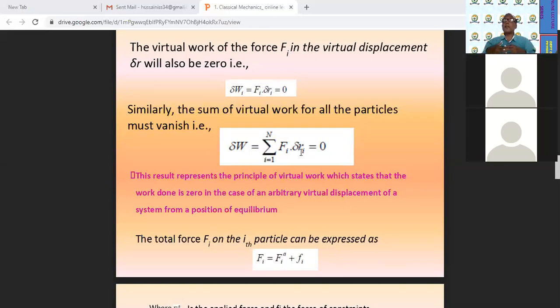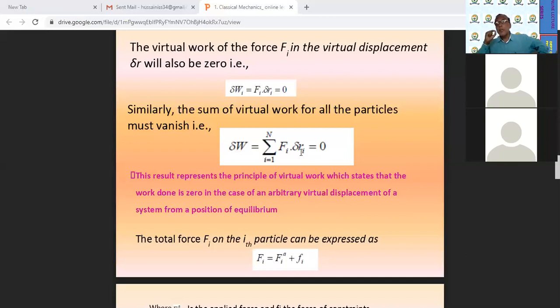And the particles of this system are not under any external force, therefore whatever the work done by the system of particles, due to the equilibrium the total force on all the particles is equal to 0, therefore the sum of virtual work is equal to 0, and this result represents the principle of virtual work, which states that the work done is 0 in case of any arbitrary virtual displacement of a system of particles, when the system of particles is in the position of equilibrium.